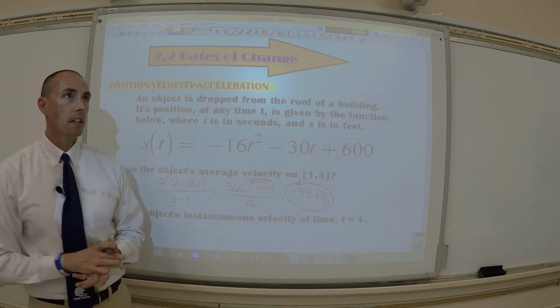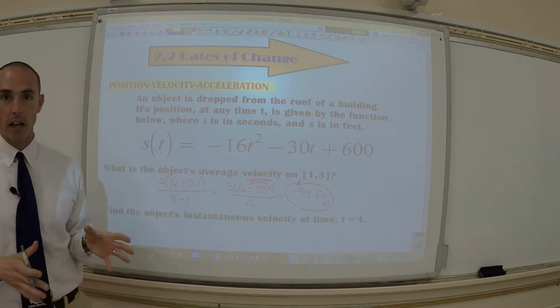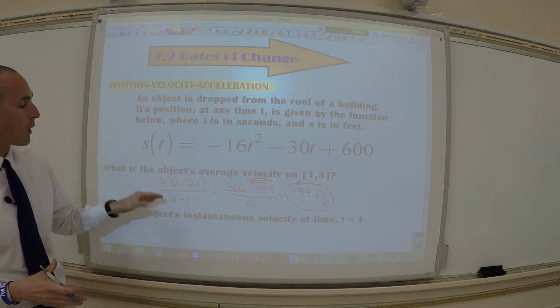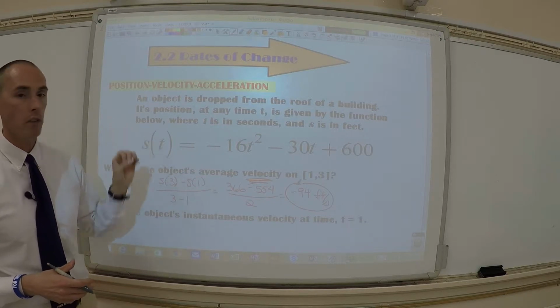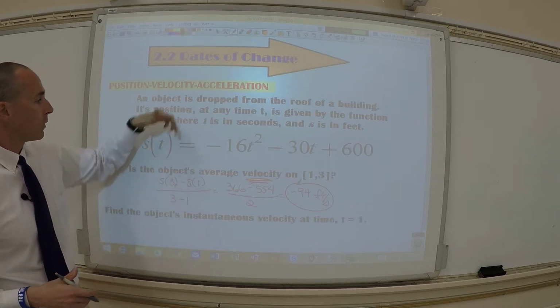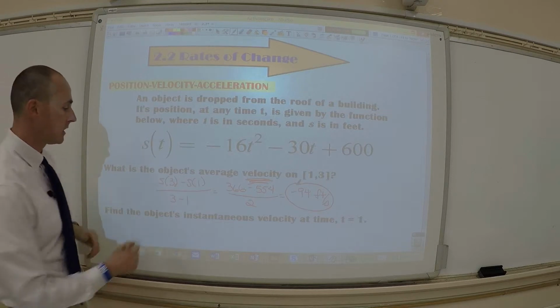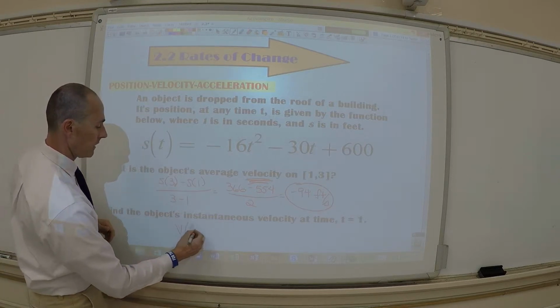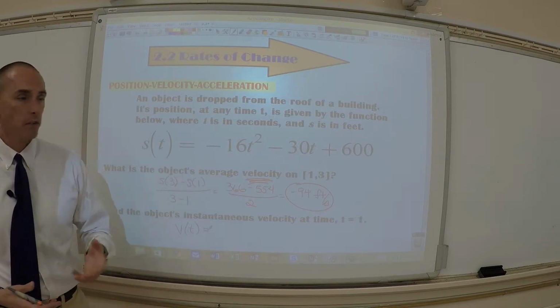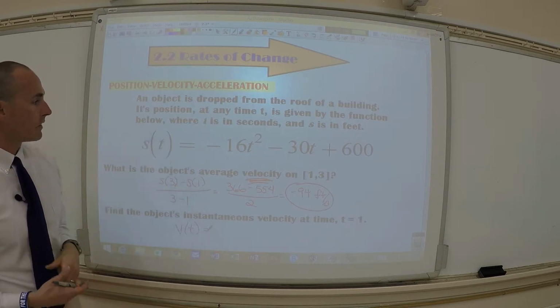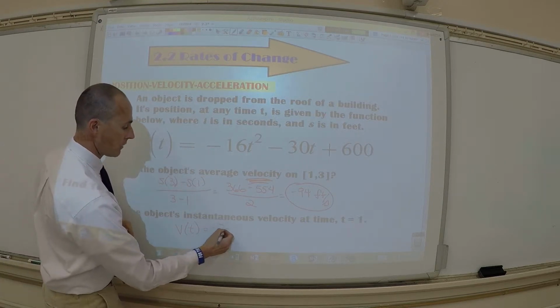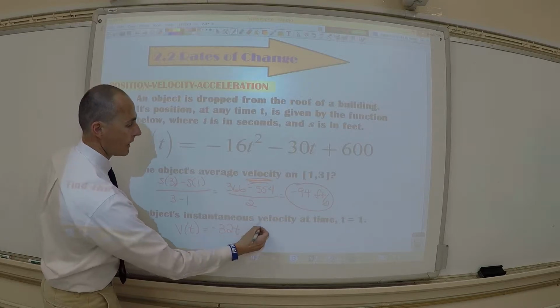Now, finally, we're going to try and find the instantaneous velocity at t equals 1. Now we're talking about finding the actual velocity. Before we do that, we're going to need to find a velocity function. So we're going to say v of t, and we're going to have to find the derivative. The velocity is the derivative of position, so negative 32t minus 30.